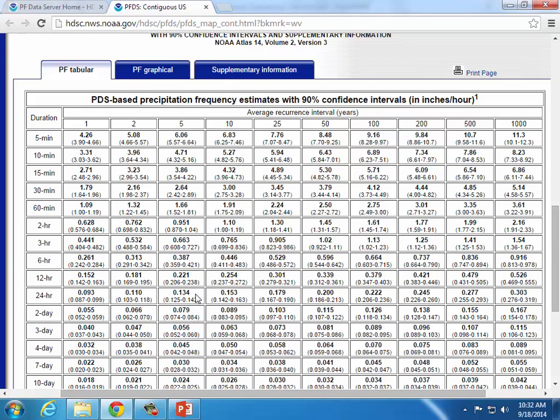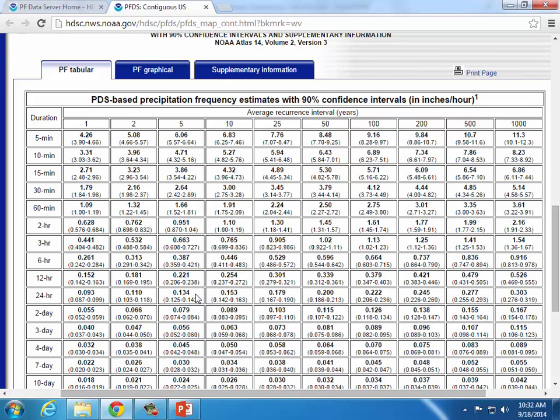Okay, so the intensity is what? 5-year 24-hour storm, 0.134 inches per hour. And then let's compare that to the 5-year 1-hour storm. The intensity is 1.66 inches per hour. Okay, so what should be the depth?